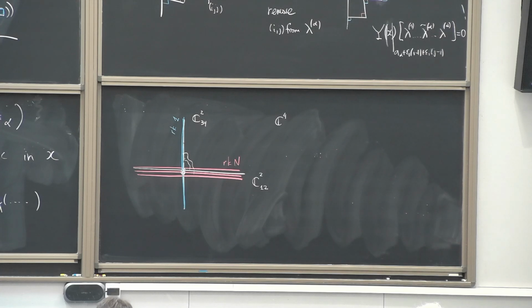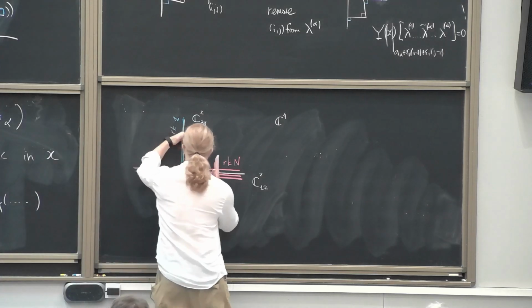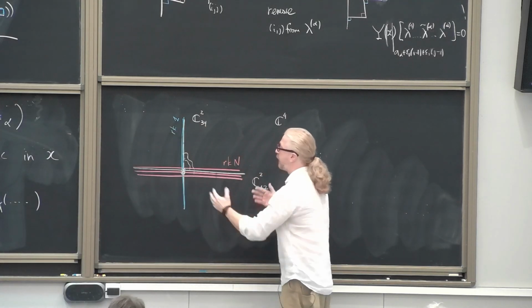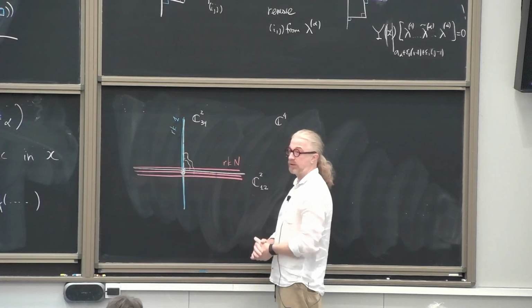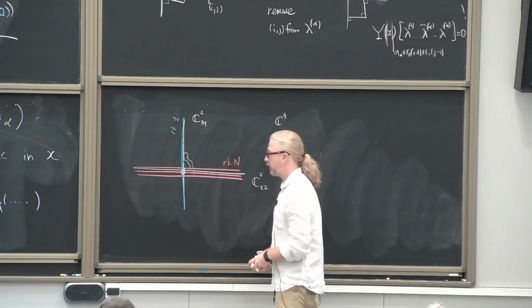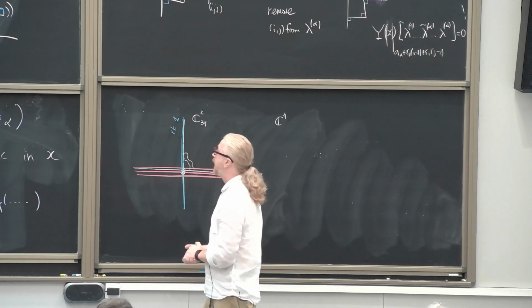The sheaves which are supported on C2, when you present them as cohomology of essentially a Koszul complex in the transverse direction, you have one guy from here, one guy from here, and then you just compute the Hom or Ext. So that's all there is.